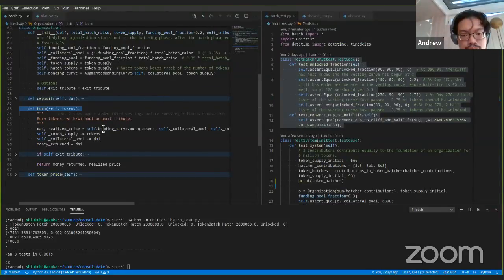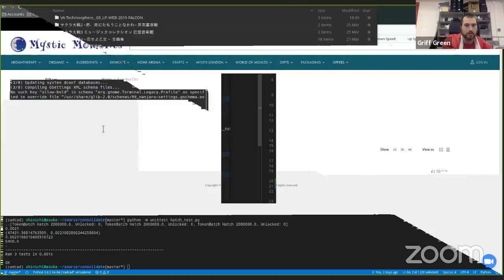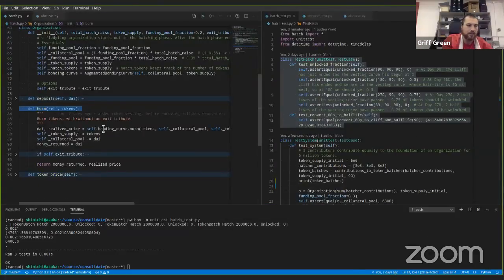What do you want to say, Griff? Well, just on that topic, there'll definitely need to be some kind of definition of which number of users have how many tokens, instead of it being treated like a batch, like this is how many tokens are completely in the organization. I think for the sim, it's going to need to also know this user has these tokens, this user has those tokens.